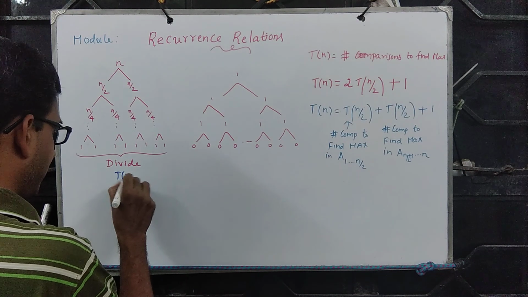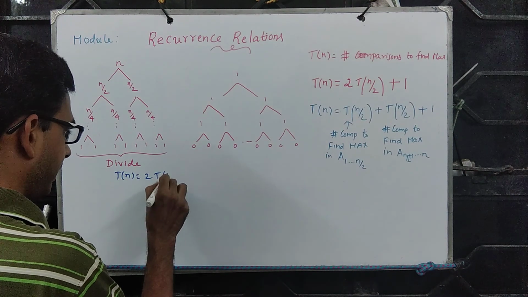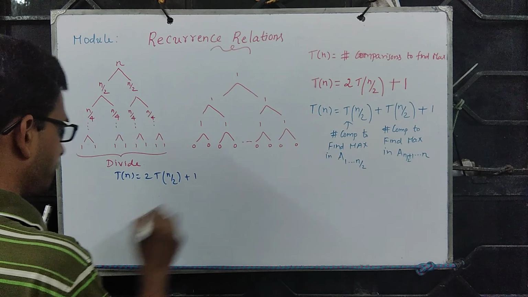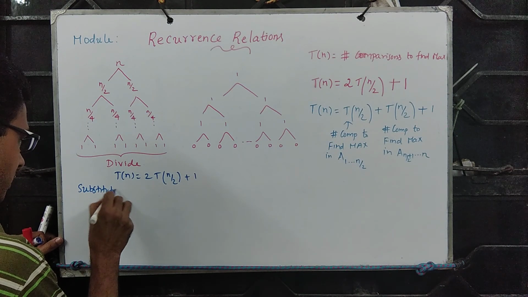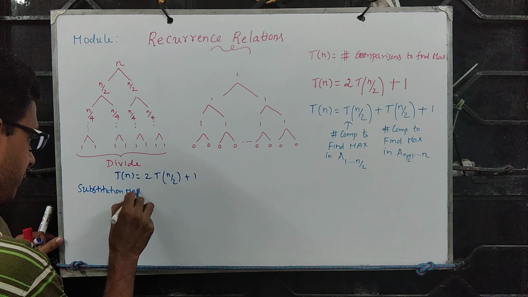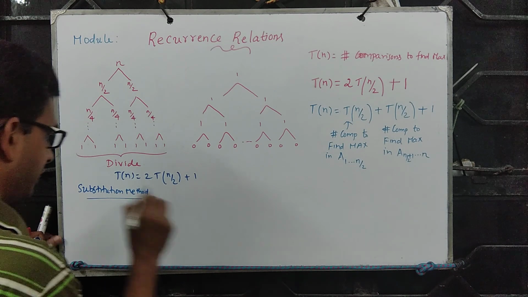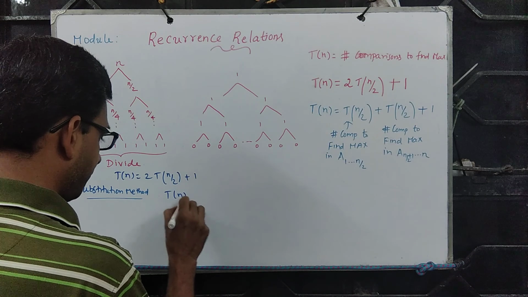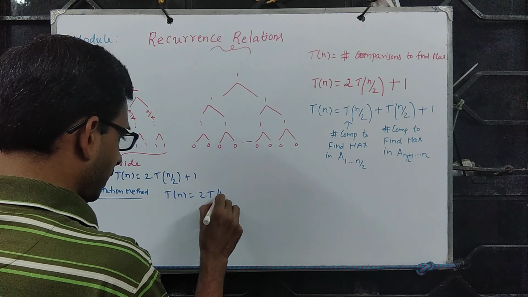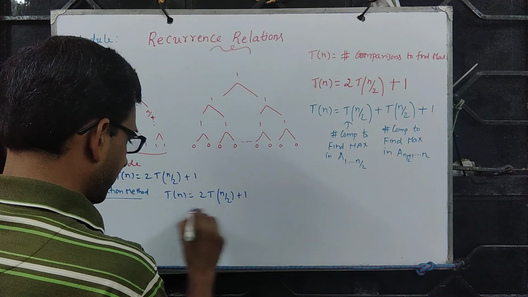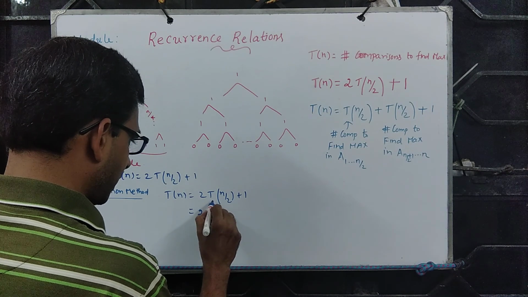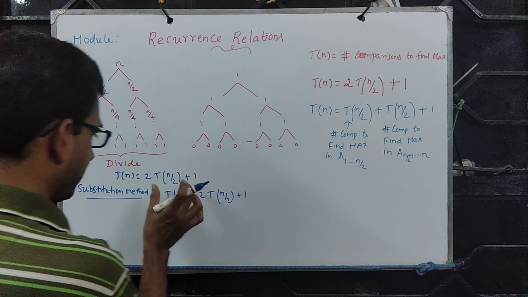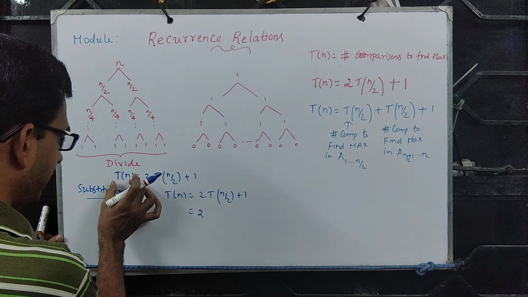So T of n is 2T of n by 2 plus 1. Follow the substitution method. If we follow the substitution method, we see that T of n is equal to 2T of n by 2 plus 1, and in place of T of n by 2, you substitute n by 2 here.